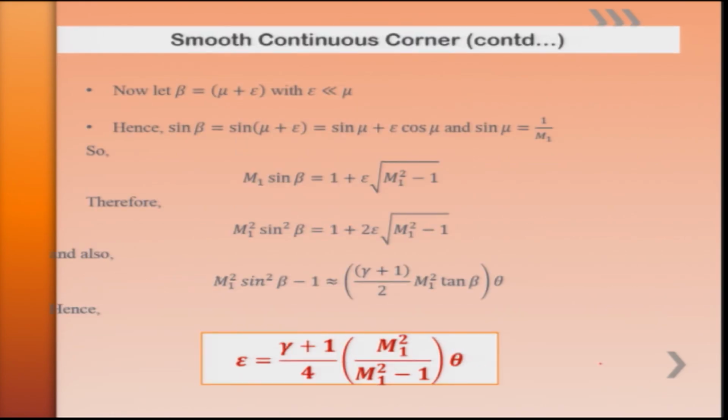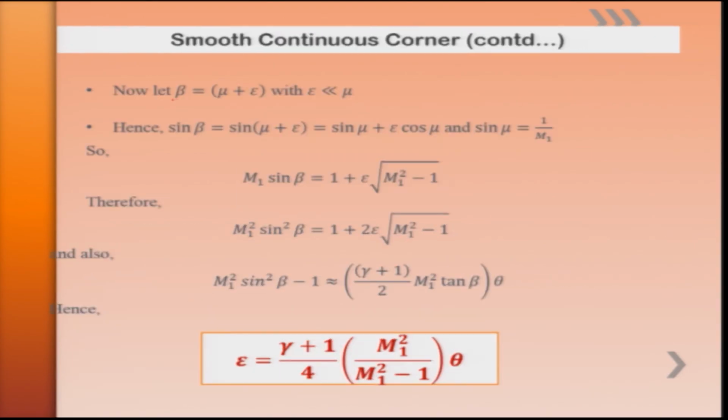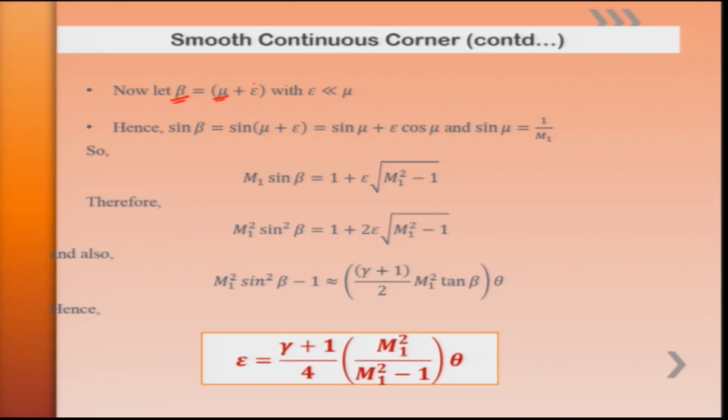Now moving further, to solve this, let us say the shock angle beta can be written as a small Mach angle mu plus a small change in angle, which I have termed epsilon, where epsilon is much less than mu. Now taking sine on both sides, I can write sine beta is equal to sine (mu plus epsilon), which I can open as sine A cos B plus cos A sine B, and using that trigonometric relationship I can reduce this to sine mu plus epsilon cos mu.